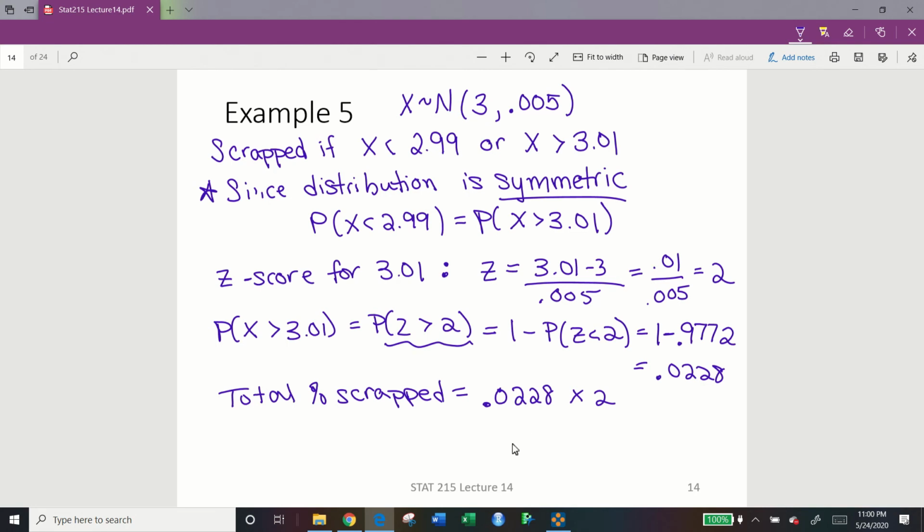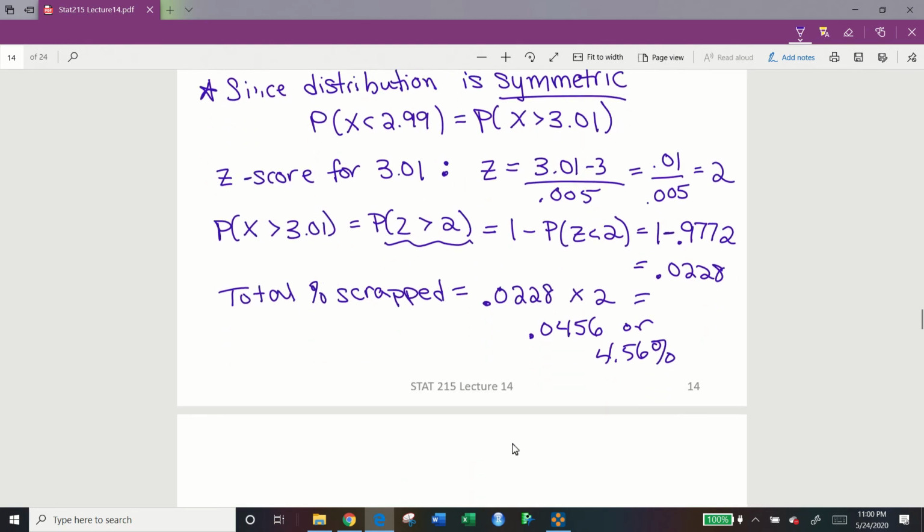So this is going to be equivalent to 0.0456 or 4.56%. So the chance of the part being scrapped is 4.56%. Very good.